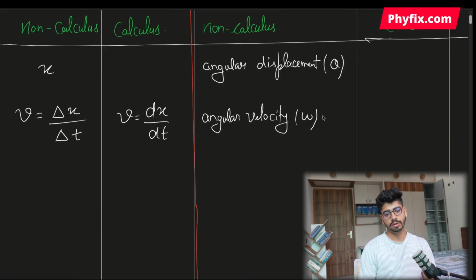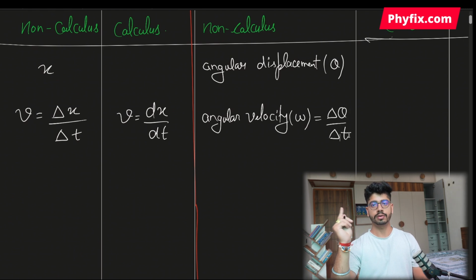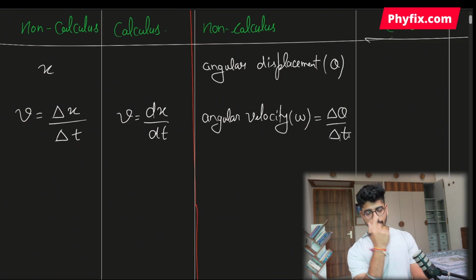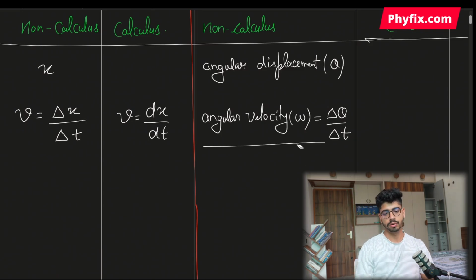Here we have linear displacement, and here we have the rate of change of angular displacement, meaning how fast theta is changing. If you turn on your fan, initially it moves very slowly, and you can imagine the angle changing. As it speeds up, the angle changes faster. So omega tells us how fast the angle is changing. This is the angular velocity.